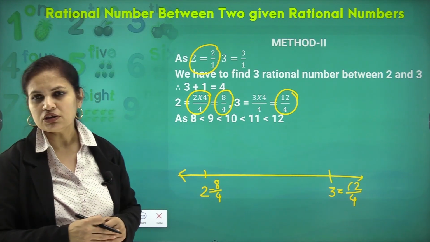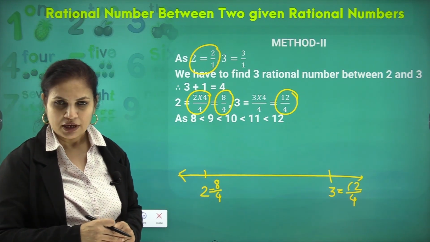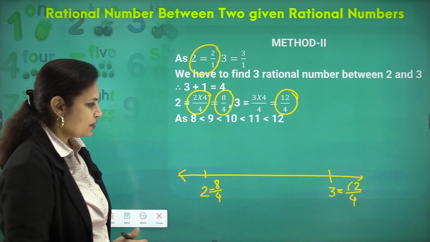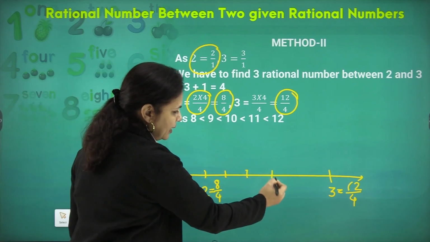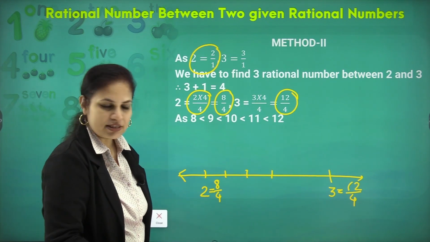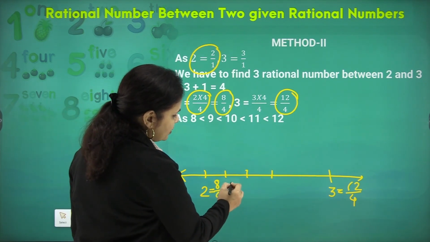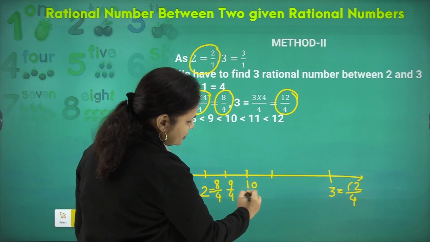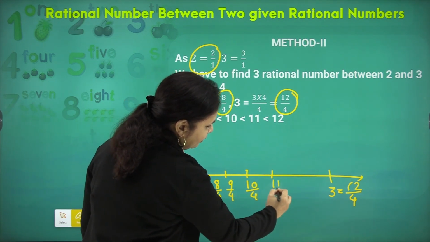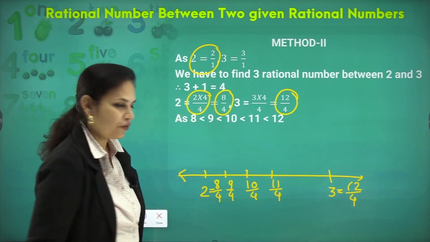Now, focus on the numerators 8 and 12. Between 8 and 12, I have to mark all the numbers between 8 and 12 on this number line. So, after 8, I will have 9 upon 4, then I will have 10 upon 4, then I will have 11 upon 4.